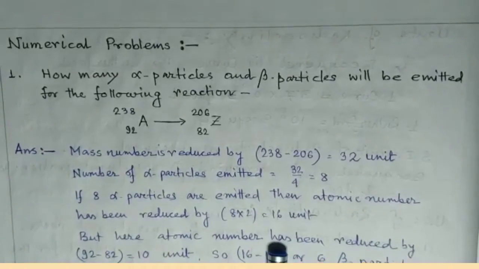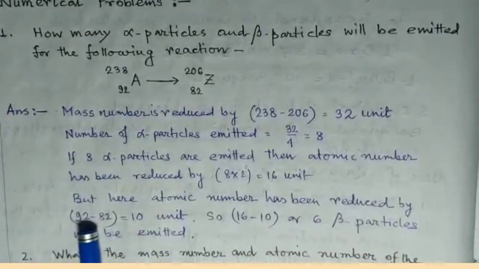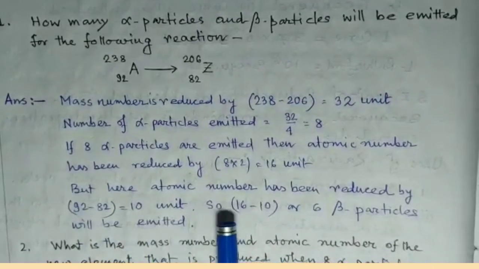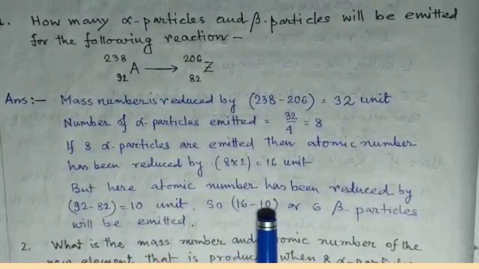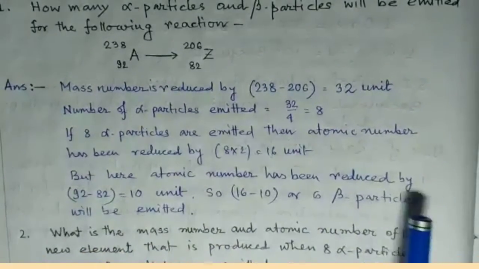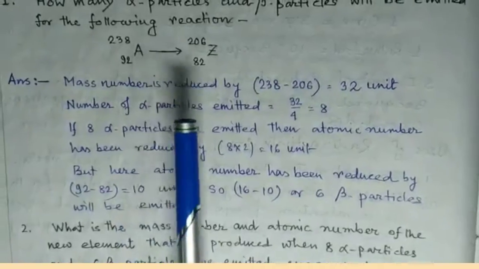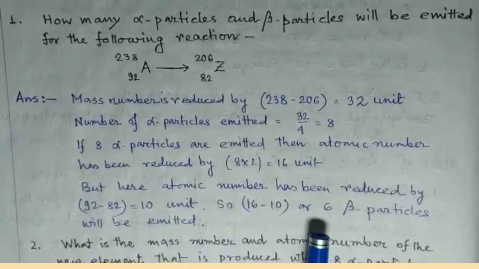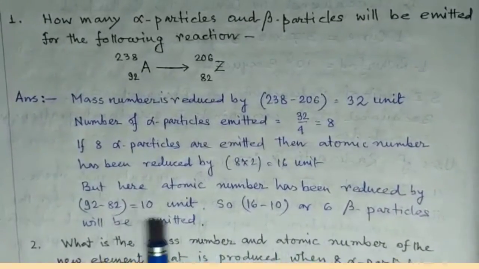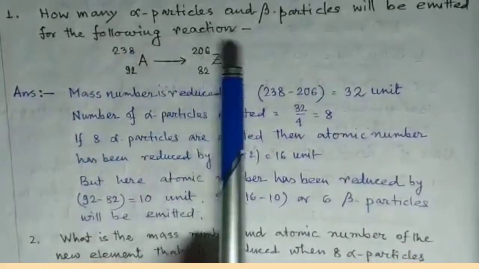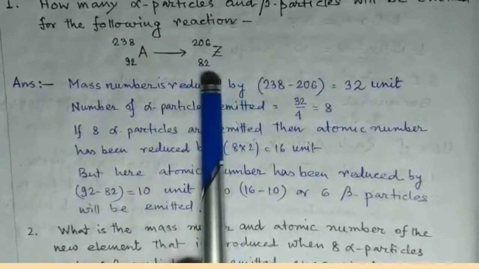But here atomic number has been reduced by 92 minus 82, that is 10 unit. So 16 minus 10 or 6 beta particles will be emitted. Therefore, 8 alpha particle and 6 beta particle will be emitted from A 23892 to form Z 20682.